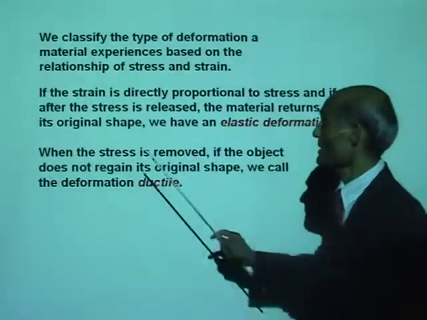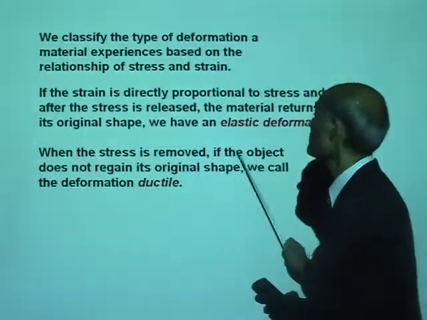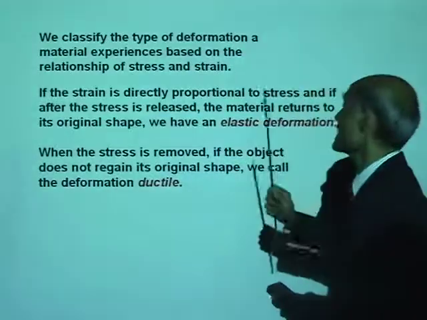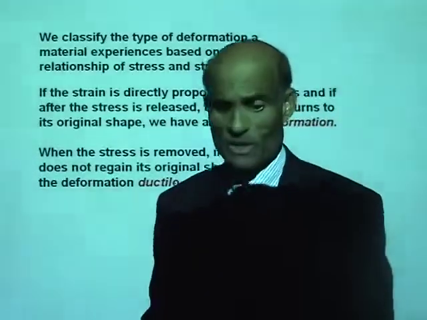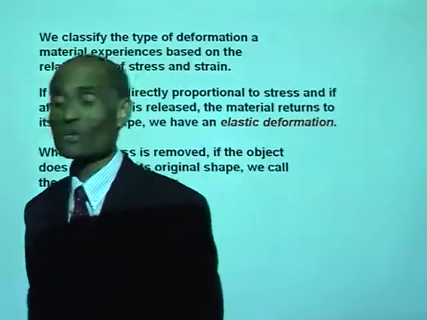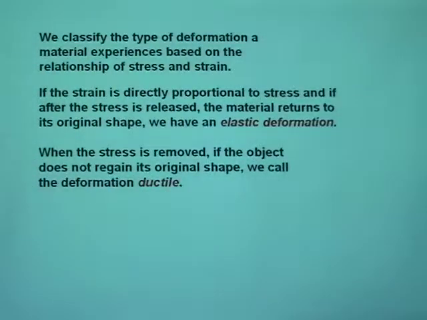On the other hand, when the stress is removed, if the object does not regain its original shape, then the deformation is called ductile. Now, let me see if I can show you a ductile deformation.